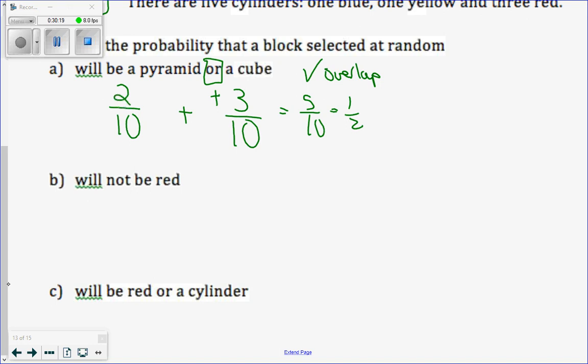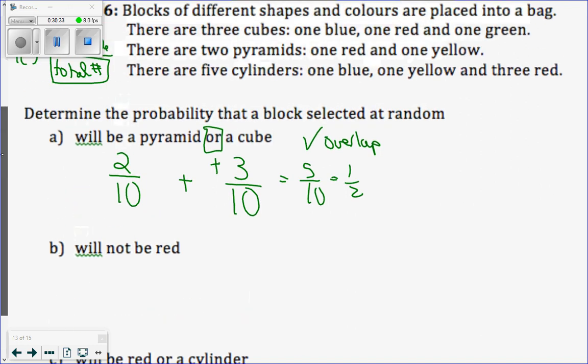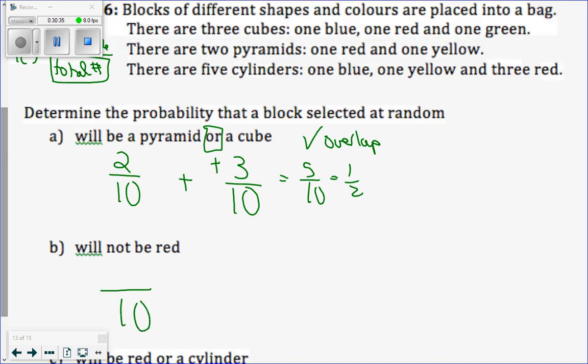The event will not be red. Okay. So this one, you don't even need to use the formula. This is just what we did in lesson 1. Okay, because there's no or here involved. It's just one event, right? So will not be red. So you want the number that are not red.